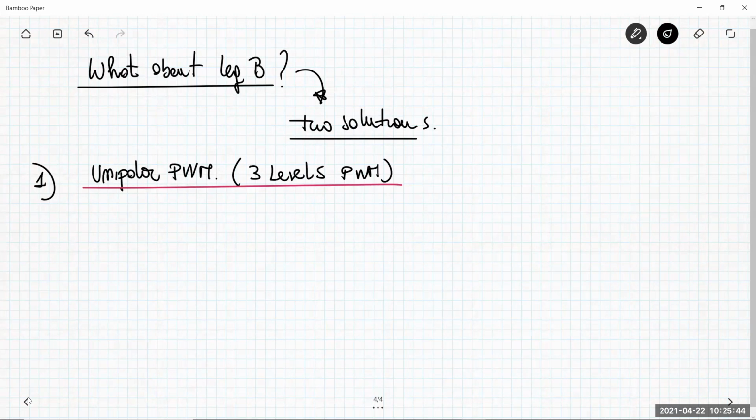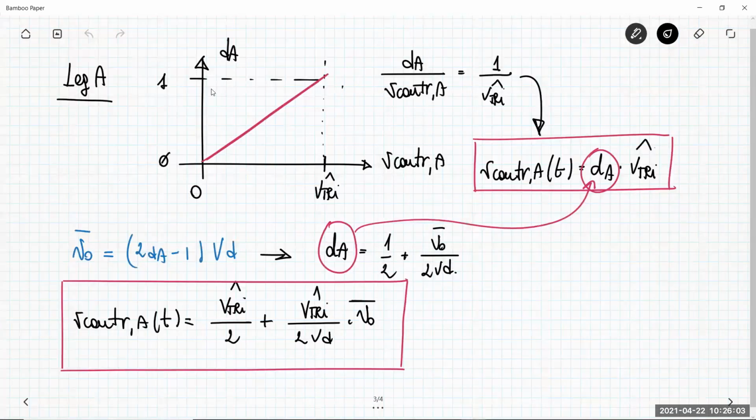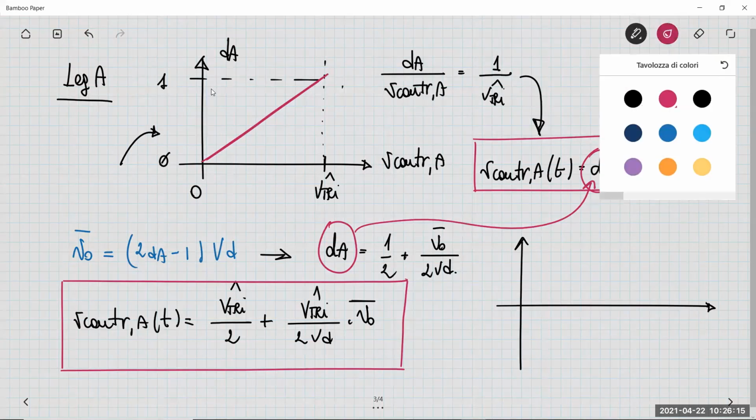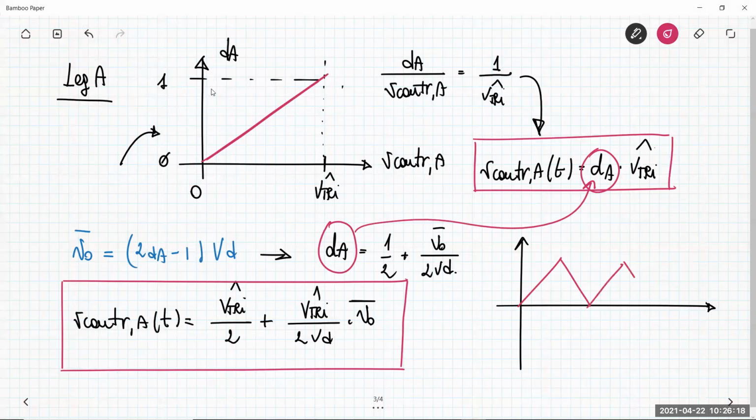If you consider the leg B, let's consider for the leg B the same rule for the generation of the unitary switching function starting from a control voltage that we already used for the leg A. So for the leg A, we employed this law for the generation. Remember that this law comes out from this consideration: we have a double-edged triangular waveform.